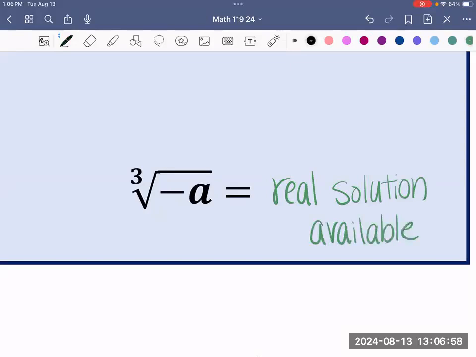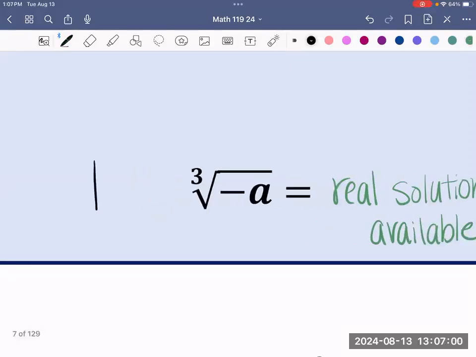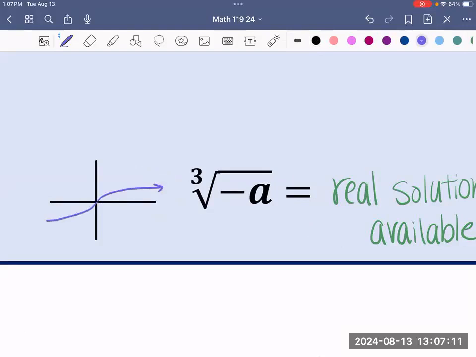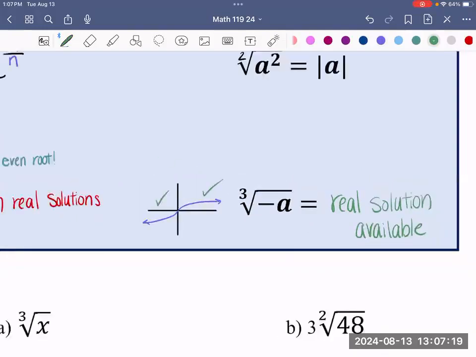Again, the reason for this is that we're going to be learning here in chapter 3.4 what some of these parent graphs look like. This one will look like this, where you will be able to have negative values in here as well as positive values.